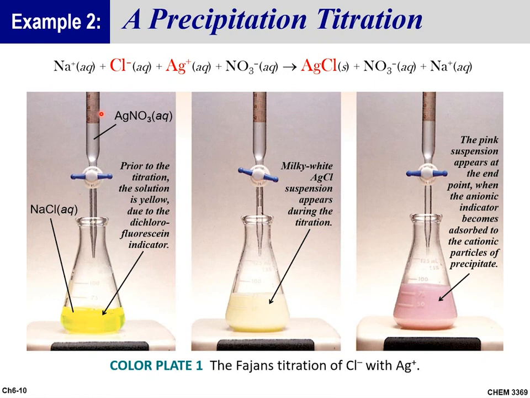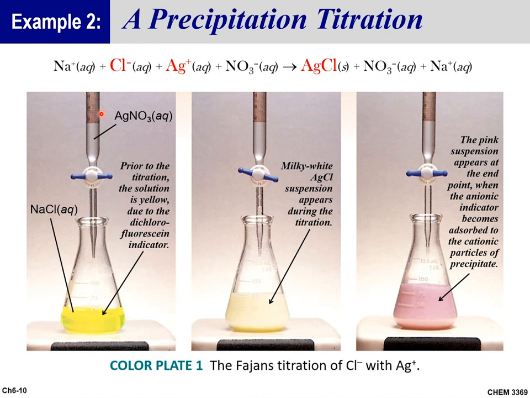Silver is actually one of the most widely used and one of the most important precipitating agents because it can precipitate many different ions.